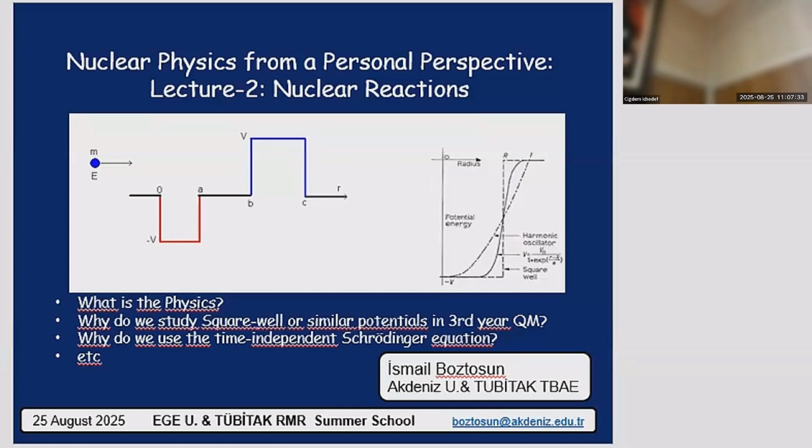Now you have two nuclei coming to each other. Since there are protons in each nucleus, the first thing they will feel is the Coulomb field. Therefore, it should come and scatter like this. This is called Rutherford scattering or Coulomb field scattering.